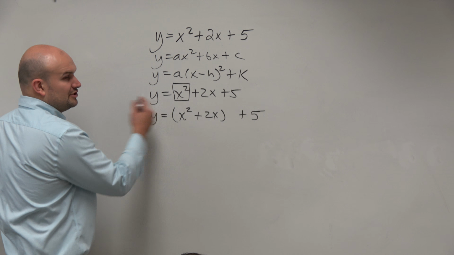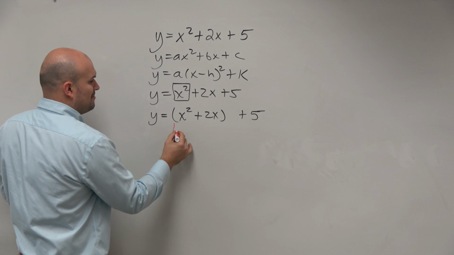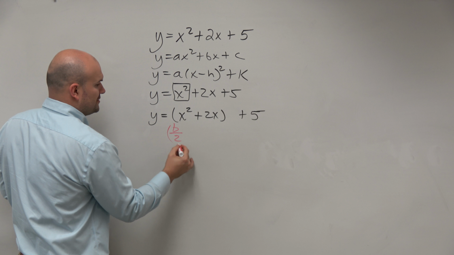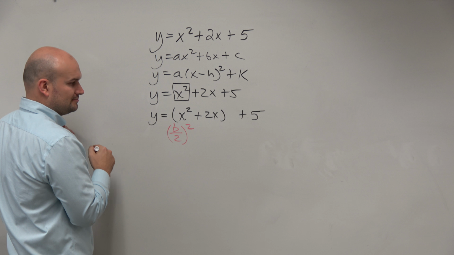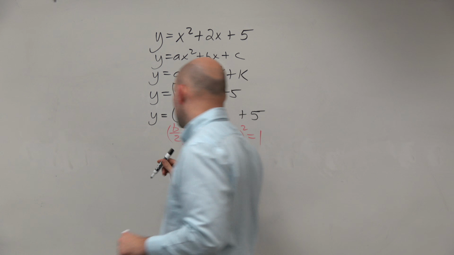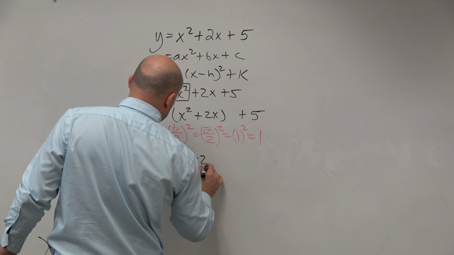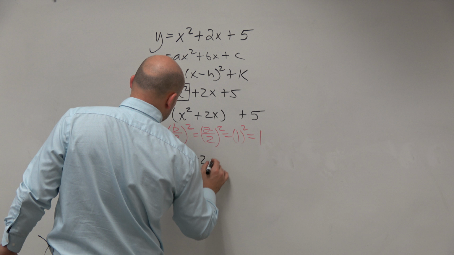So to create my perfect square trinomial, I'm going to take b, divide it by 2, and square it. In this case, I get 2 divided by 2 squared, which equals 1 squared, which equals 1. So I'm going to say y equals x squared plus 2x plus 1.